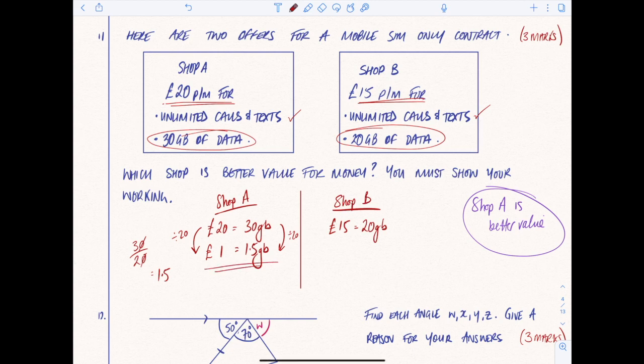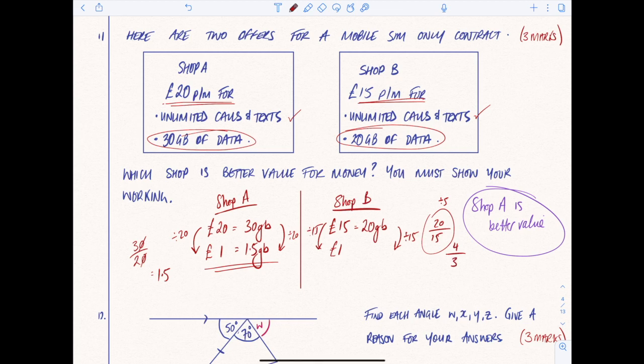Well, let's do the same with Shop B. For £1, I've got to divide by 15, so I divide this side by 15 as well. 20 divided by 15. Think about what I can divide these both by. They both divide by 5, because we treat them like improper fractions. So 20 divided by 5 is 4, and 15 divided by 5 is 3.